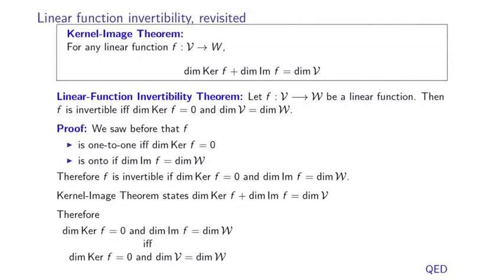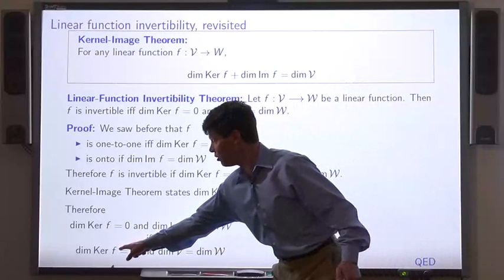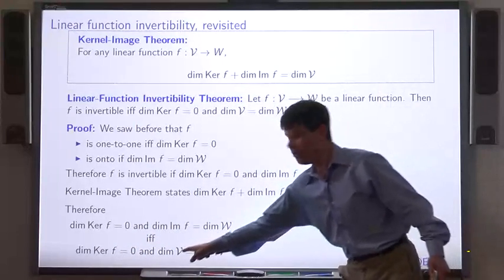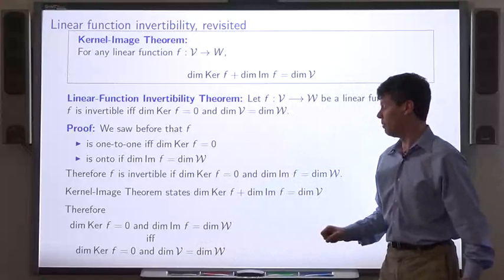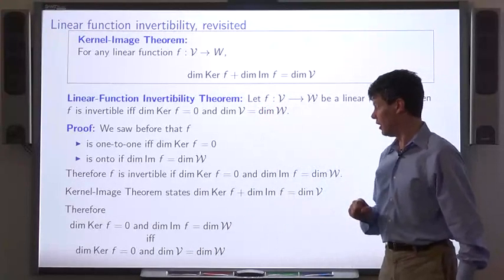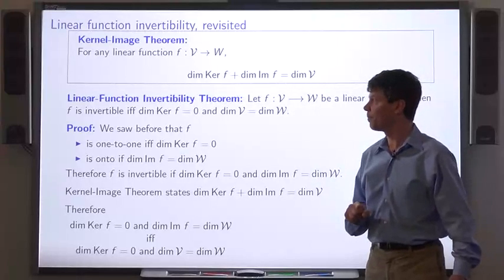So using that, the dimension of the kernel equals 0 and the dimension of the image equals the dimension of the codomain, if and only if the dimension of the kernel equals 0 and the dimension of the domain equals the dimension of the codomain. And that completes the proof of the linear function invertibility theorem.